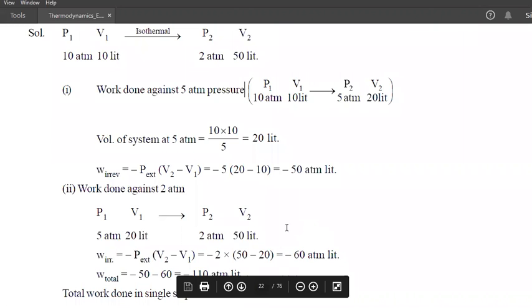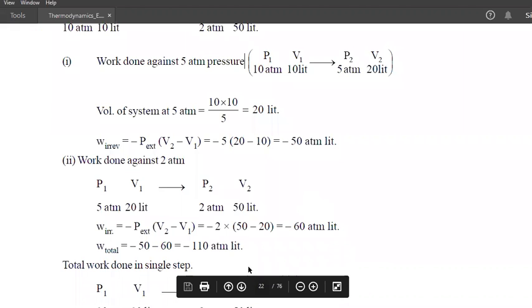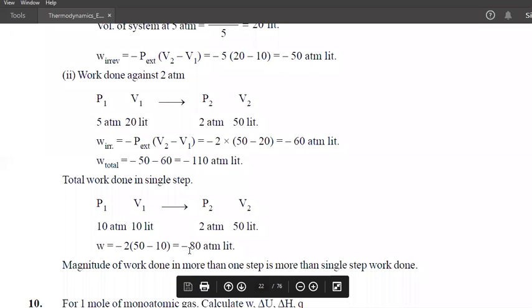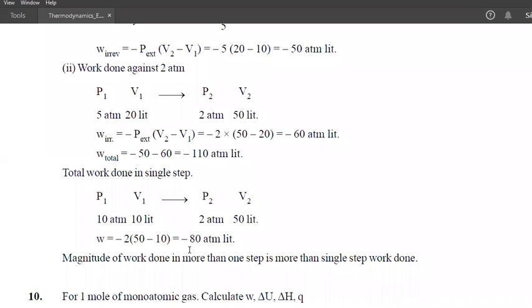So total will be the sum of both, which is minus 110 atm meter, right? Then if the work is done in one step, it is minus 80 atm meter. Got it? So obviously the work done in one step is less than or more than, tell me, minus 80 and minus 110.